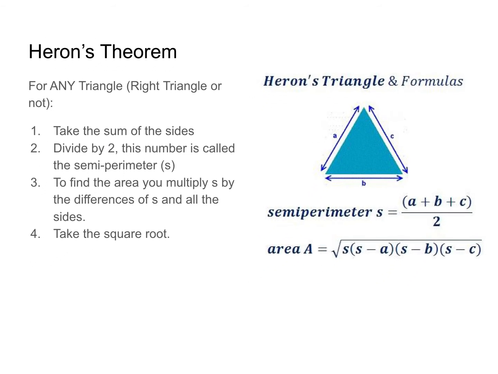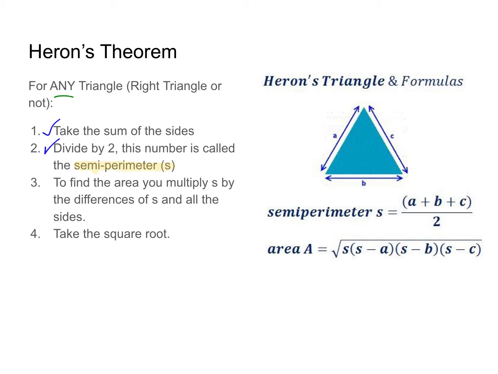Let's walk through it, so don't panic and think that this is a lot to take on. So here's all you do. For any triangle, you take the sum of the sides, okay? So you add up all the sides and divide that number by 2. We call that the semi-perimeter.